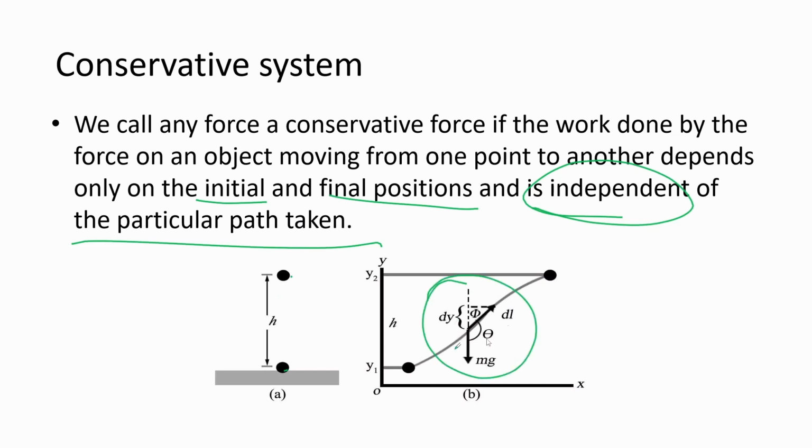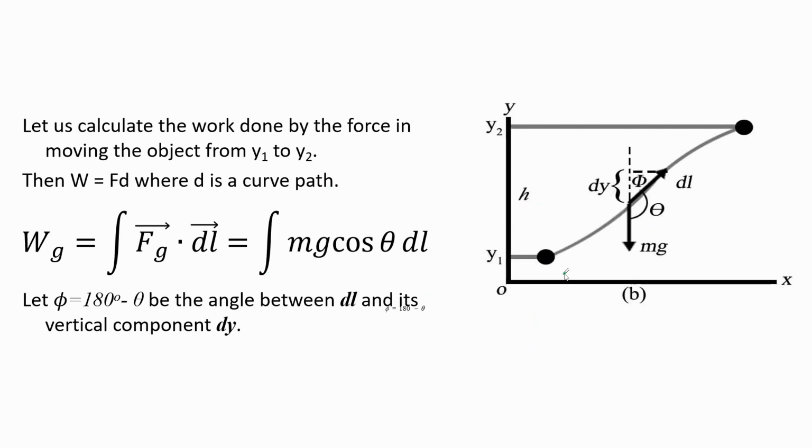The path here is curved. Let's examine. The work done by gravity, since it is moving along a curved path and not a straight path, we have to take incremental changes. So Fg dotted with dl, the tiny path segments, in this case is equal to mg cosine phi, the angle between dl and the force mg.